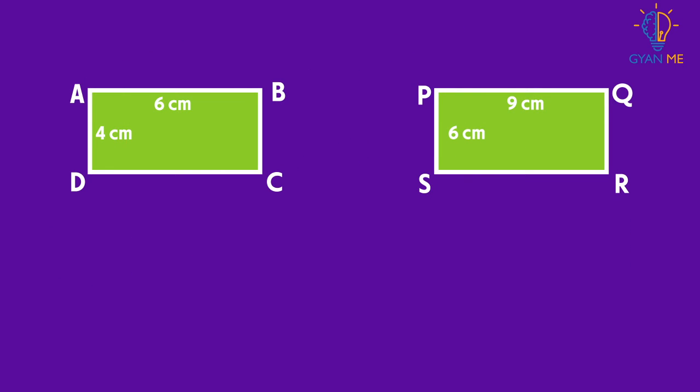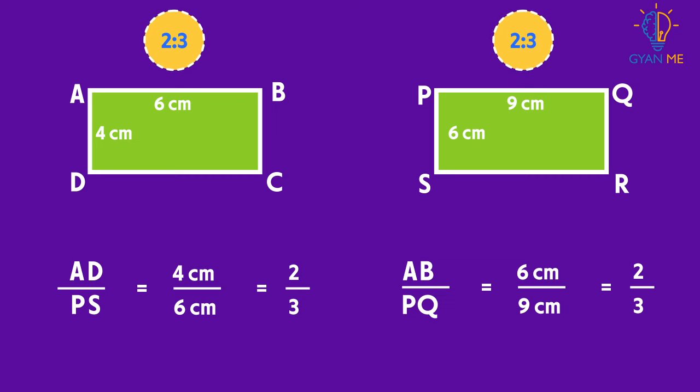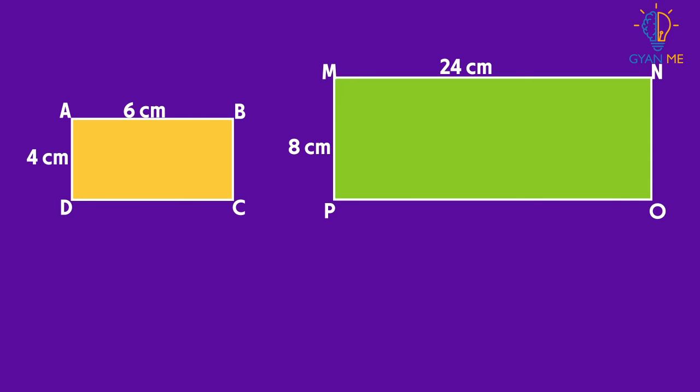Are they similar? Yes, they are similar, as the ratios of the adjacent sides of these rectangles is 2:3, and also all angles are 90. Hence, both these rectangles are similar. But students, for some rectangles, the ratio of the adjacent sides may be different.